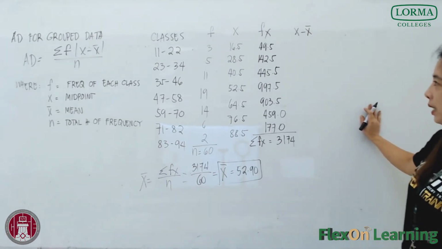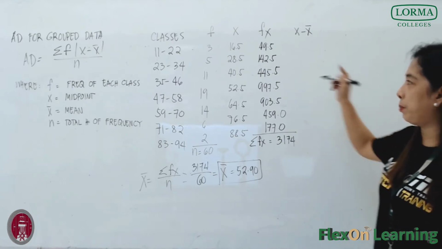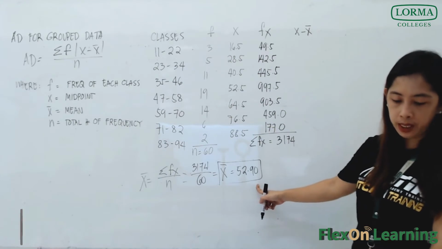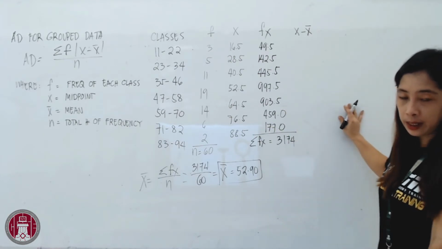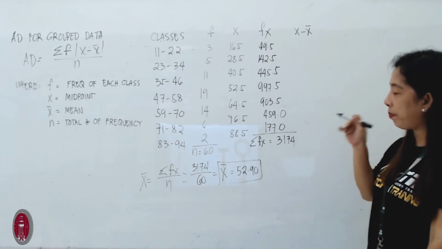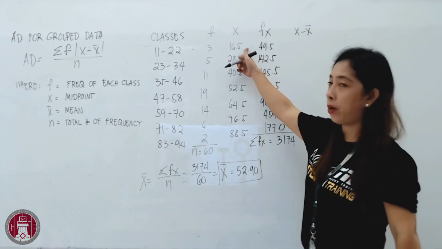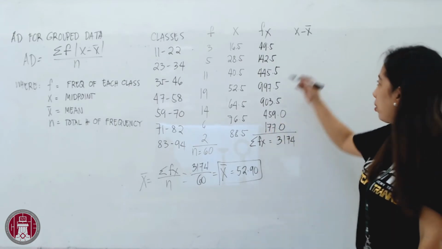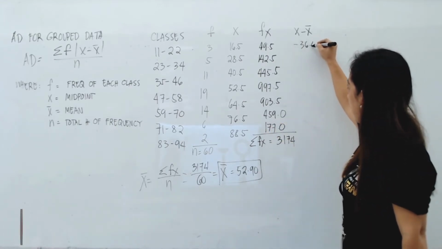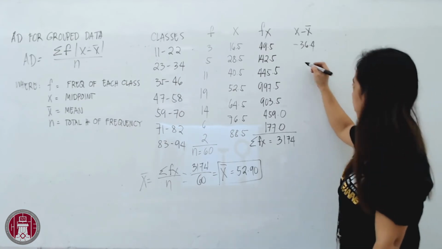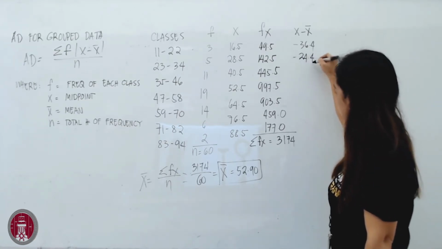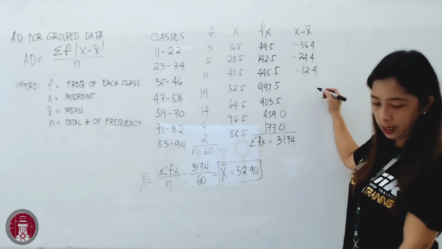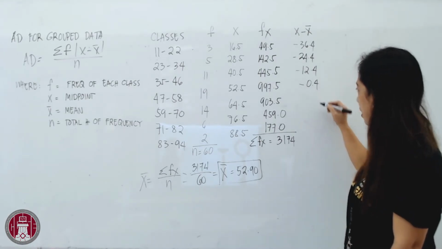The first midpoint is 16.5 less our mean, so the computation would be 16.5 less 52.90. We have negative 36.4. I will just write these: 12.4, and then negative 0.4.